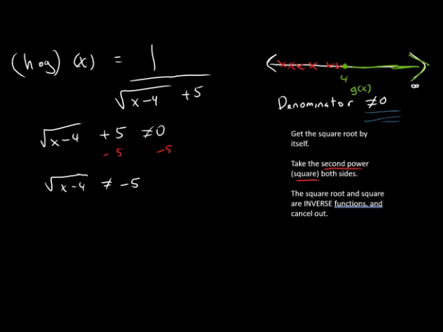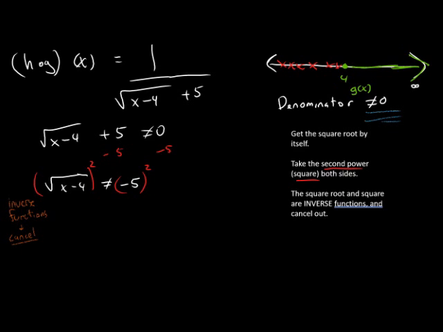We'll place a parentheses and a second power, or square, on the left, and do the same on the right. The reason that we do this is because square root and square are inverse functions. We'll do more work on inverse functions in a future video, but for now, understand that if you take a square root and a square, which are inverse functions, they will cancel out, leaving you only what's inside.